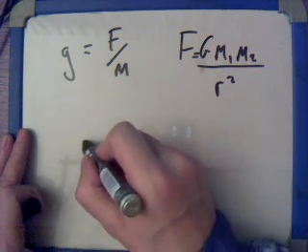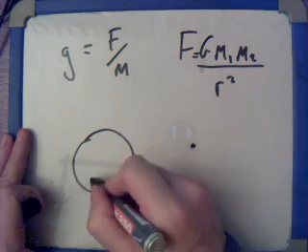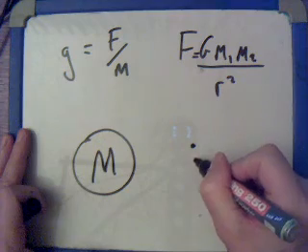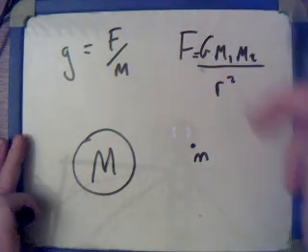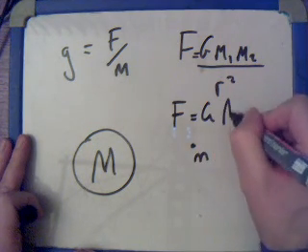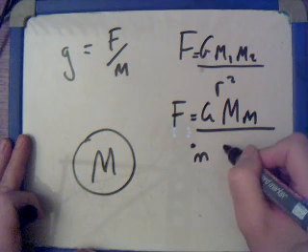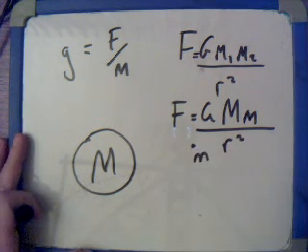When we're dealing with a small mass and a big mass, I like to call the big mass M and the small mass little m. So I would write that as G big M little m over r squared. I do that to distinguish between a small particle and the Earth.